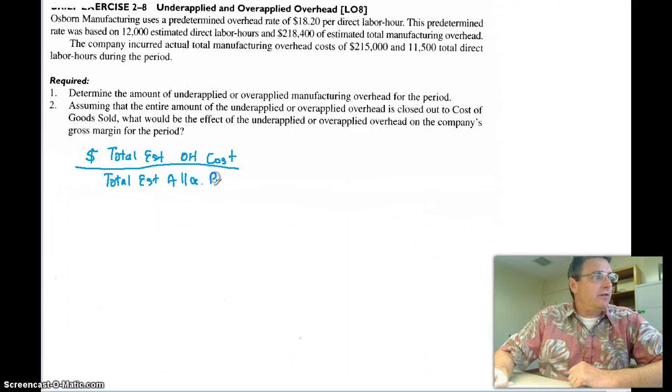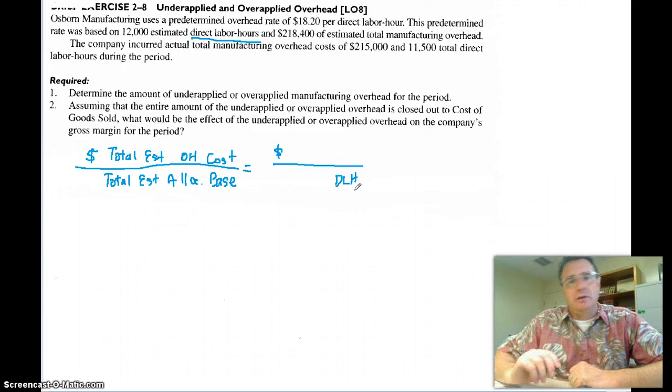In this case, what's our allocation base? It tells us right here, direct labor hours. So we know that our numerator is going to be a dollar amount, and our denominator is going to be direct labor hours. Now, can you fill those two in?